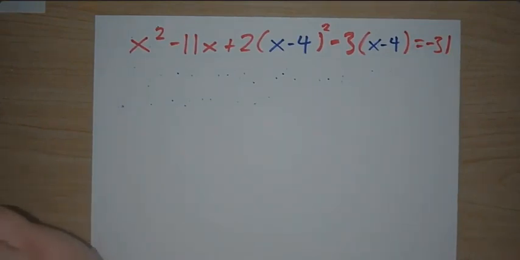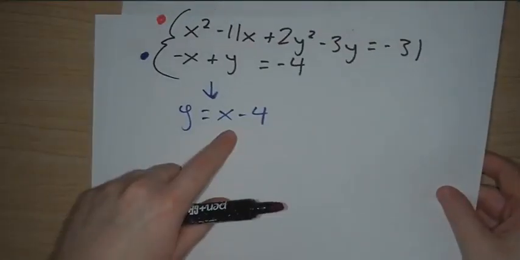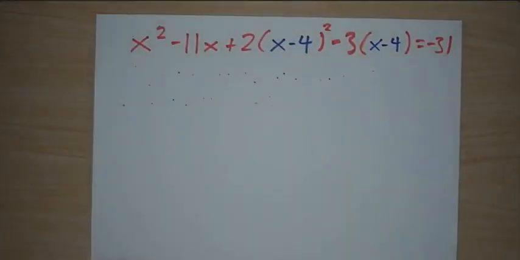So that's substituting our y equals x minus 4 from the other equation. We've now substituted into the y's.